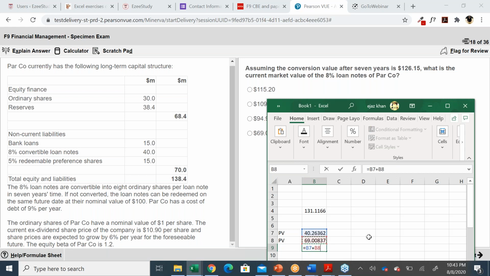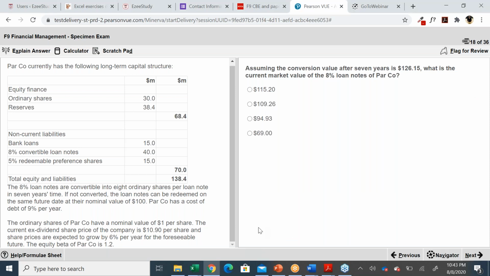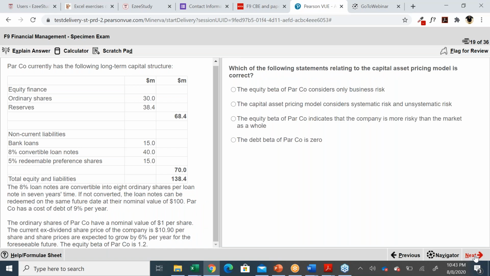And let us add the two. It's 109.27. Very well. Well done. Very well done. Let's move forward.